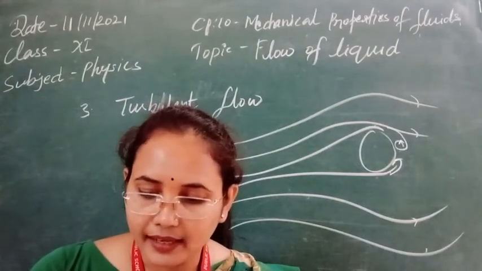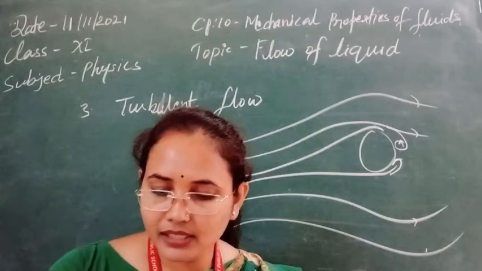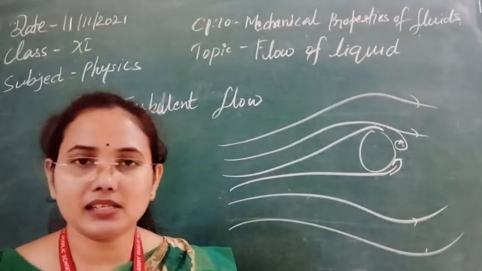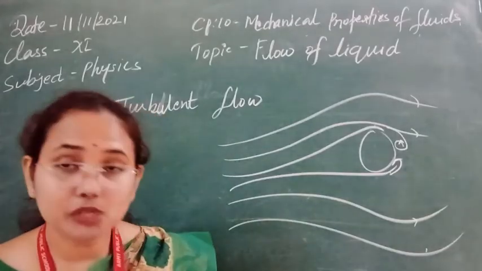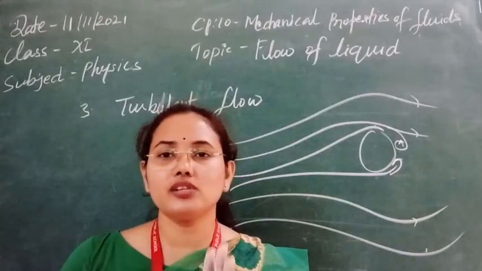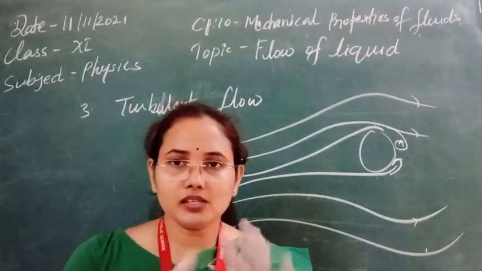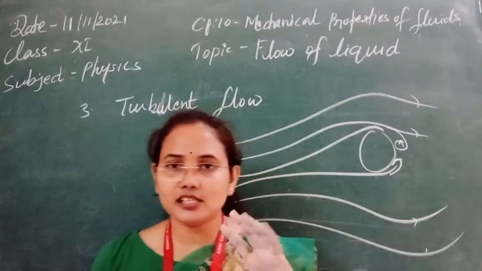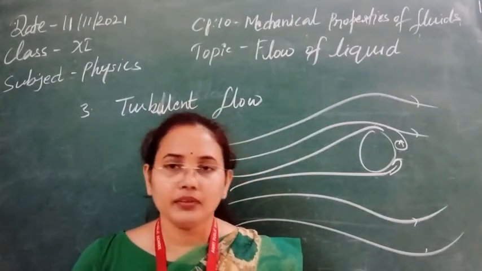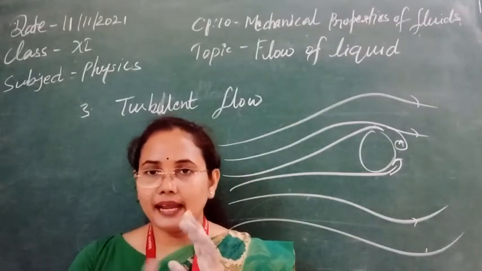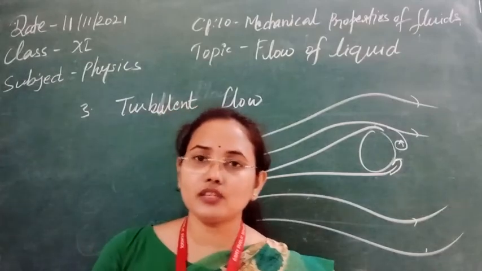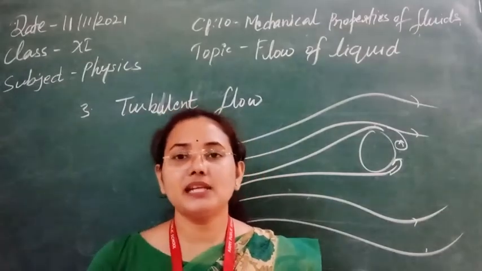Just like racing cars and aeroplanes are given such a structural design so that minimum turbulence is created, because whenever a racing car or aeroplane moves with a very great velocity, the air obviously has the property of viscosity, and whenever the air particles come in touch with the racing car or aeroplane, their speed starts to increase.